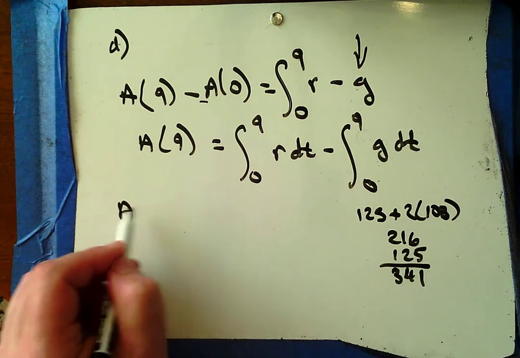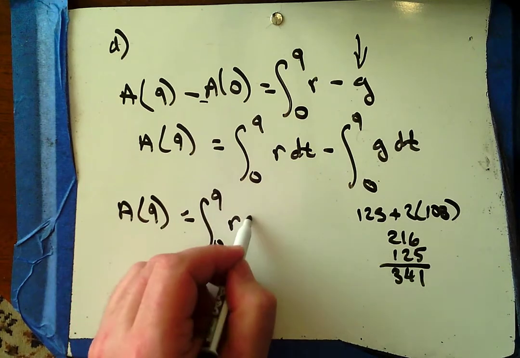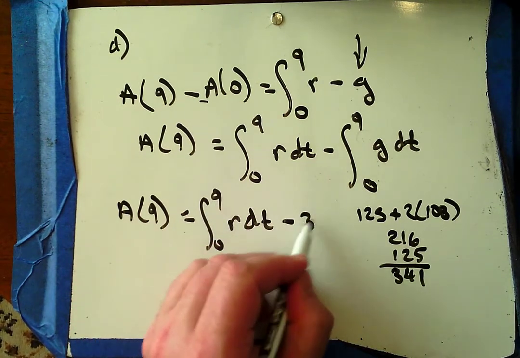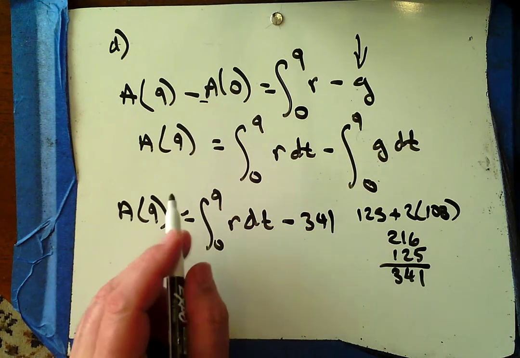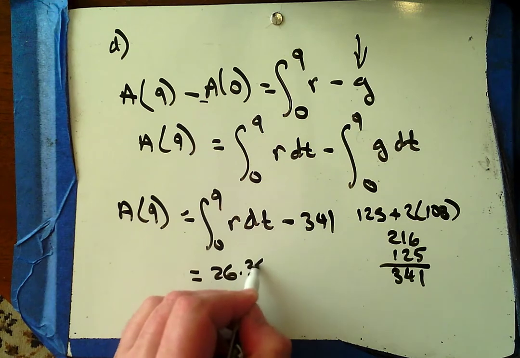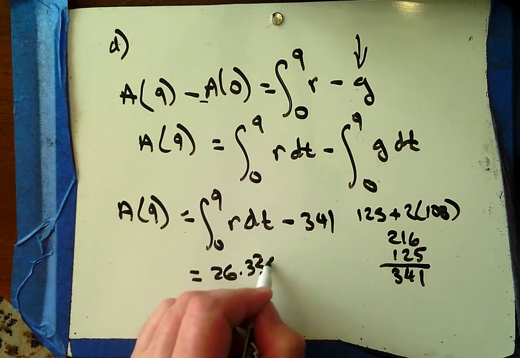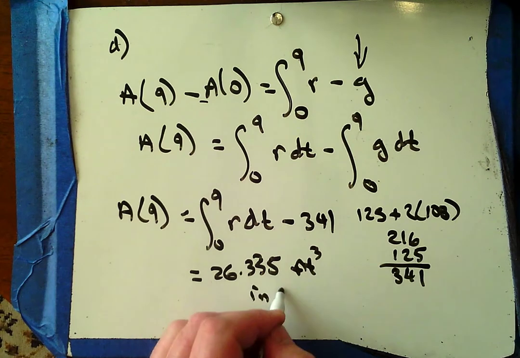And so then A of 9 is going to be this integral from 0 to 9 of r minus 341. And when I do that on the calculator, I get that A of 9 is 26.335 cubic feet remain in the driveway.